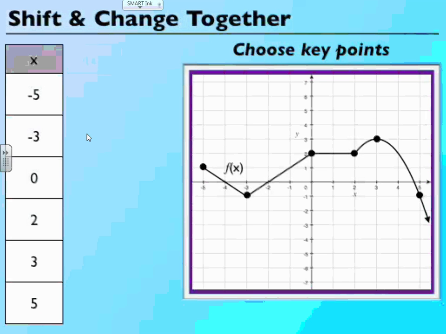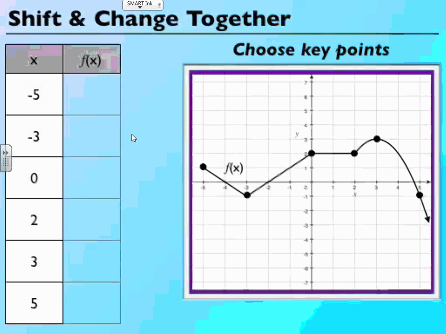Choose those points, and we're going to write out our f of x, our output values at all of those points. We've got f of -5 is 1, f of -3 is -1, f of 0 is 2, and we continue on in this fashion to get all of our output values.